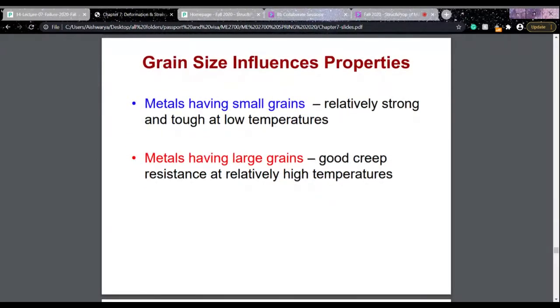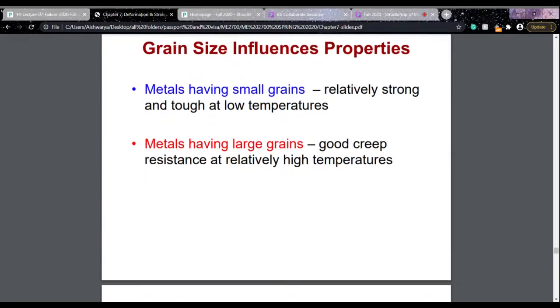And to see what is the influence of the grain size on the properties of the material: materials having small grain size are relatively strong, tough, and harder. Whereas materials which have large grain size are more ductile, have good creep resistance at higher temperatures, and are relatively softer.